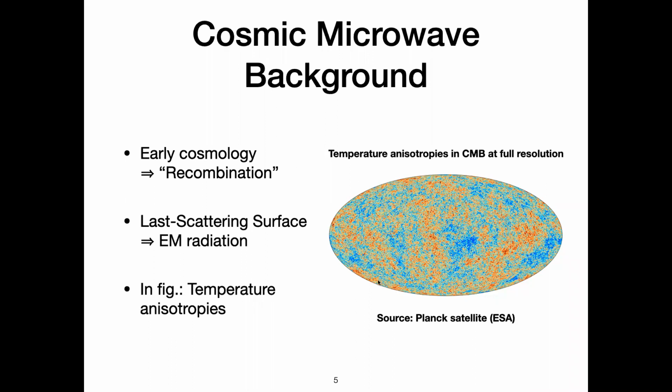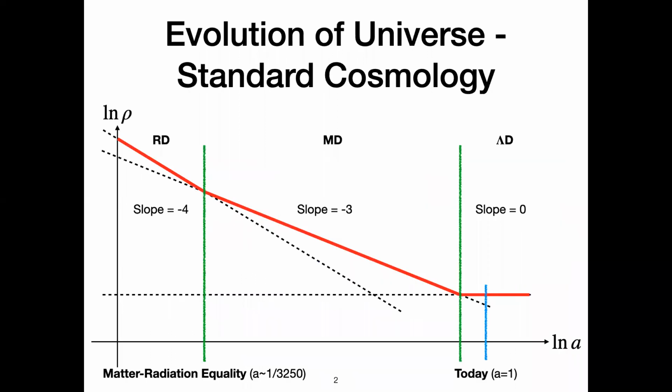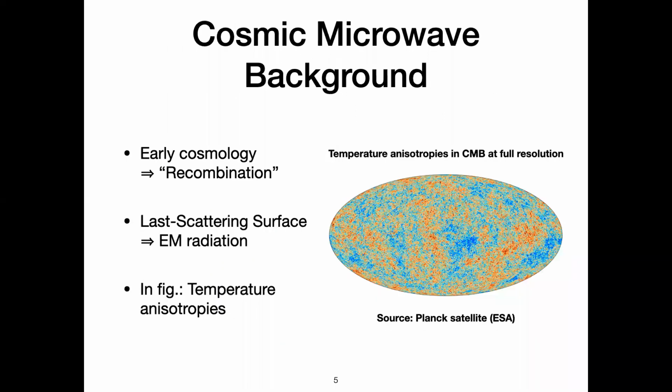As I told in the previous slide, this is an evolution with time, so our universe has evolved with time, and if we go back in time, we cannot see anything beyond this surface with the resources available to us.